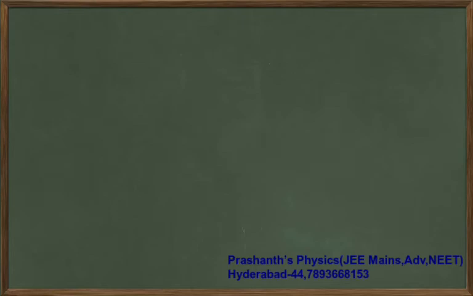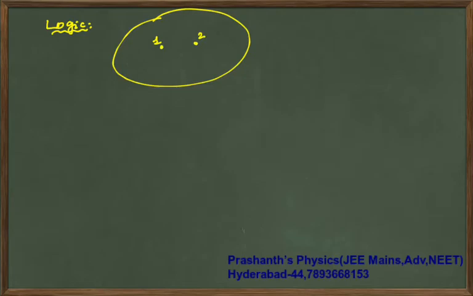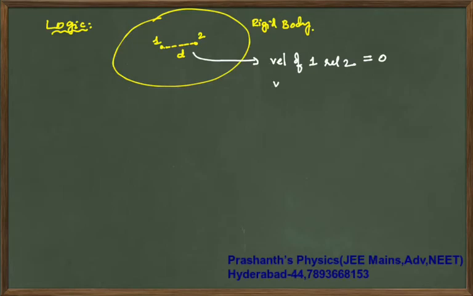Now let me continue. So here, the logic I will tell you: if you have point 1 on a body and some other point 2 on another body, and this distance is d, if the body is a rigid body, then as I have told you, velocity of 1 relative to 2 must be equal to 0, or velocity of 2 relative to 1 must be equal to 0.